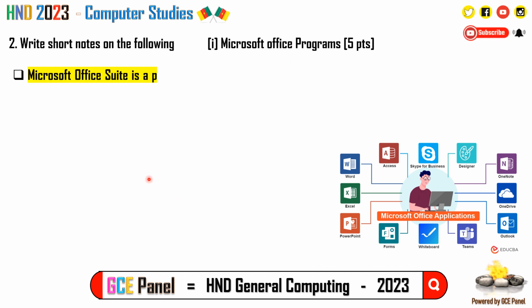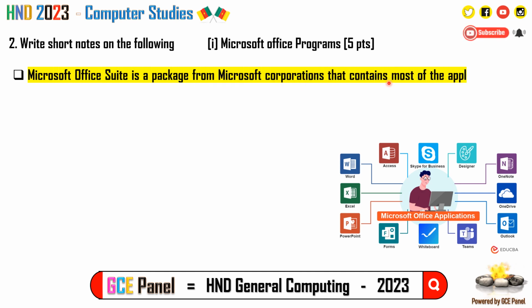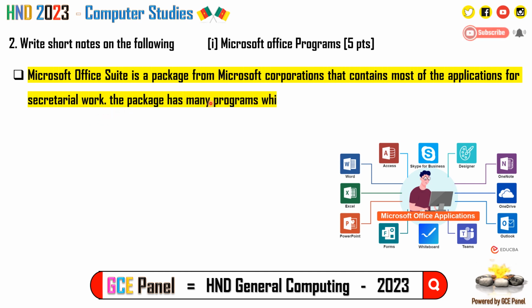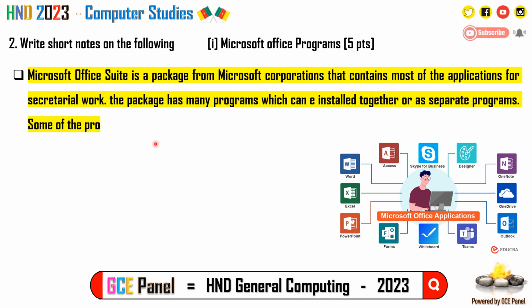Microsoft Office Suite is a package from Microsoft Corporation that contains most of the applications for secretarial work. The package has many programs which can be installed together or as separate programs.